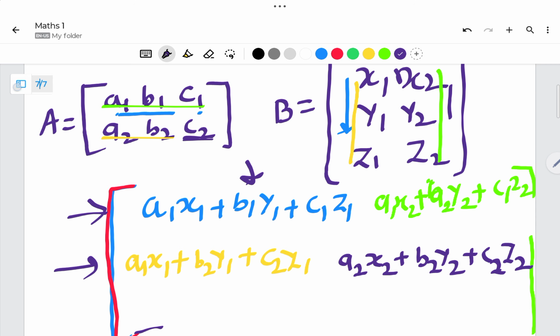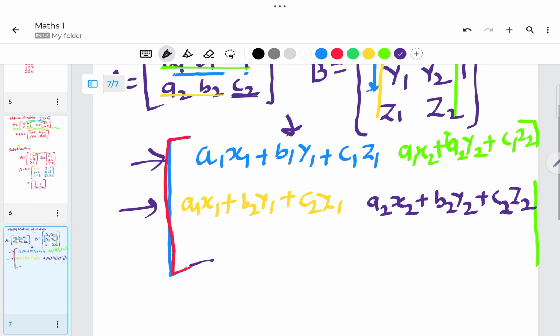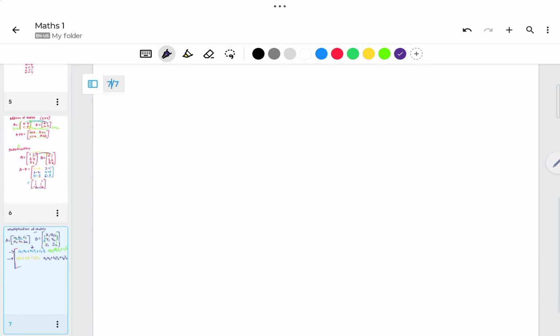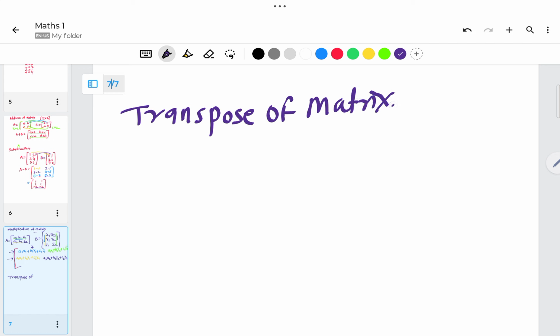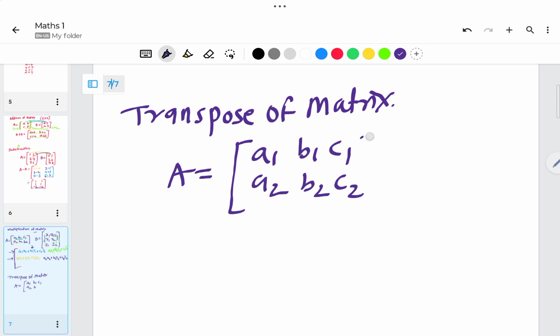Now transpose of the matrix. If I want to make the transpose of the matrix, the next one is transpose. Transpose of matrix. If the matrix is like this, A is equal to A1, B1, C1, A2, B2 and C2, I can write it like this also.